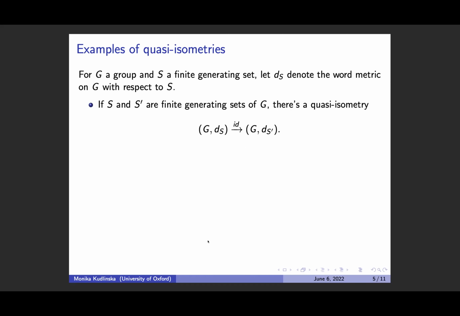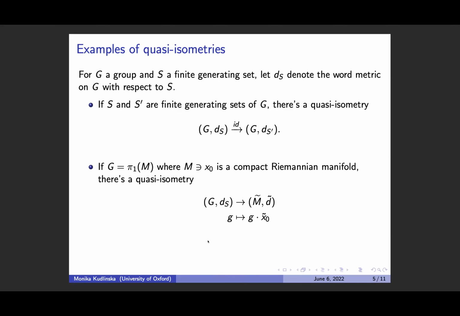And then, of course, there are other ways that you might want to assign a metric to your group. For example, if your group is already associated to a space that has some geometric structure, like a manifold. So suppose G is the fundamental group of some manifold, which I'm here asking to be compact. Then, of course, the group acts by deck transformations on the universal cover of this Riemannian manifold. And I can look at the orbit map.